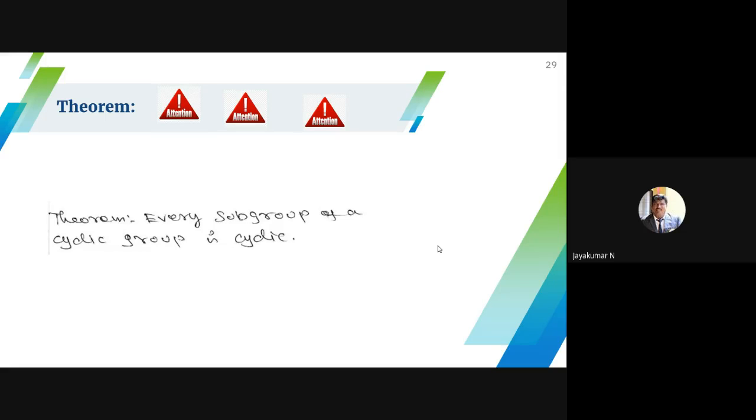If you choose a subgroup and take one element, that element has the form B power T, because G is a cyclic group and each and every element has the form B power T. So I choose a subgroup from G, and definitely each and every element has the form B power T.